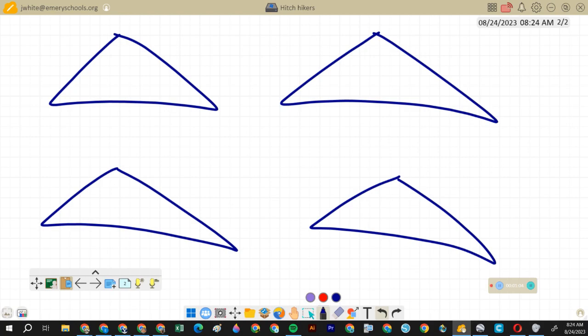So if I bisect a segment, meaning I cut this long side in half, so we have 2 equal pieces, and then I connect that to the opposite vertex, this side is called a median.